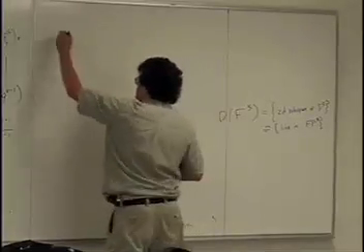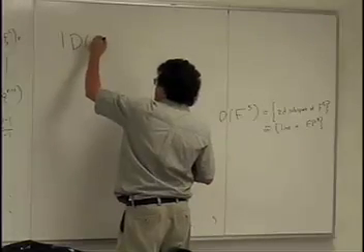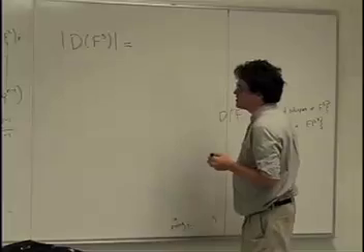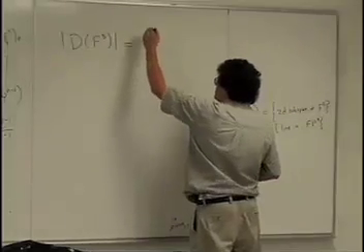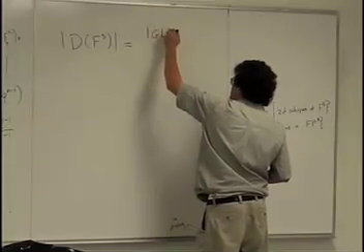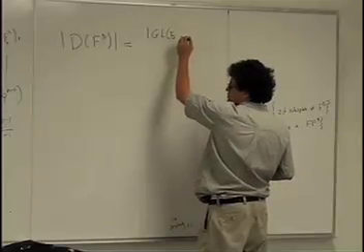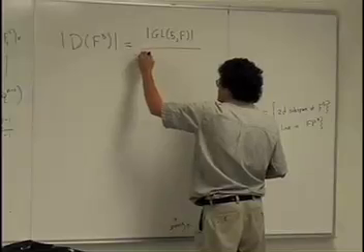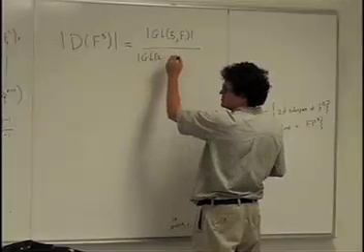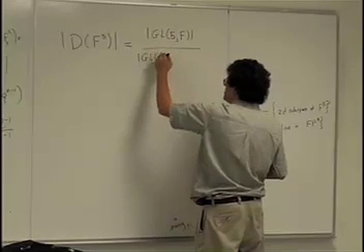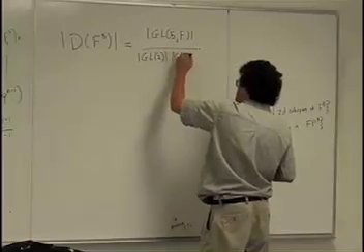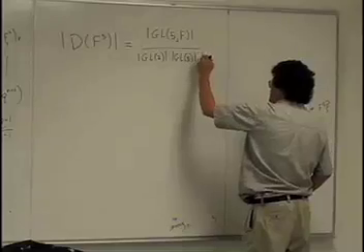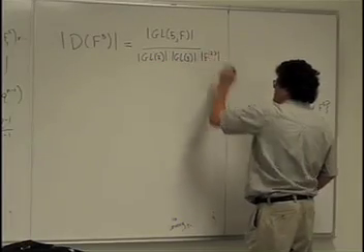The set of d flags on F^5, i.e. the set of two-dimensional subspaces of F^5, is going to be the cardinality of GL5 divided by the cardinality of GL2 times the cardinality of GL3 times the cardinality of F to the 2 times 3.